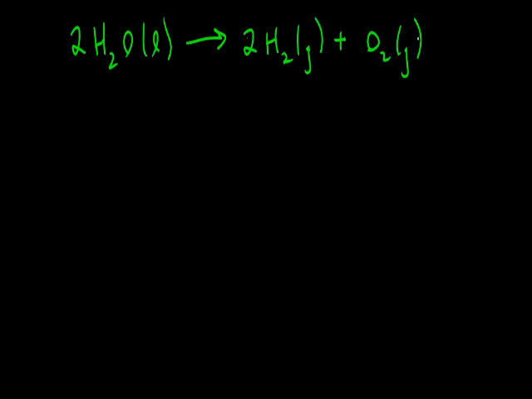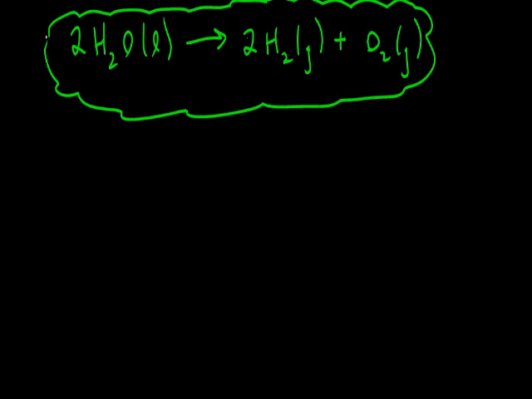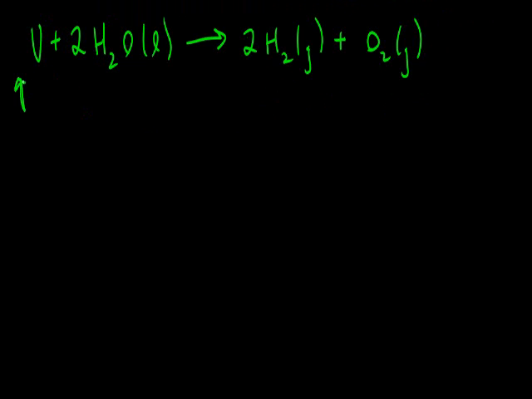The reaction we're now going to run in our lab exercise is we're going to take the non-spontaneous reaction of water separating into its respective elements of hydrogen and oxygen, and we're going to add in some voltage to push this reaction or force it to happen.